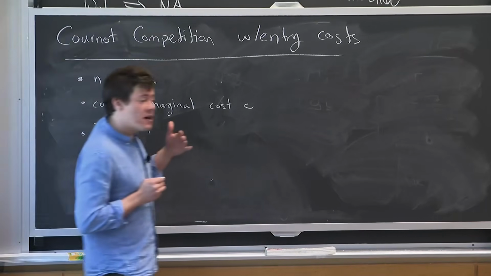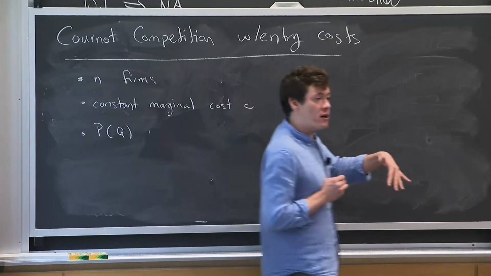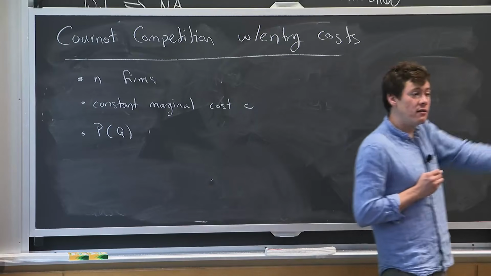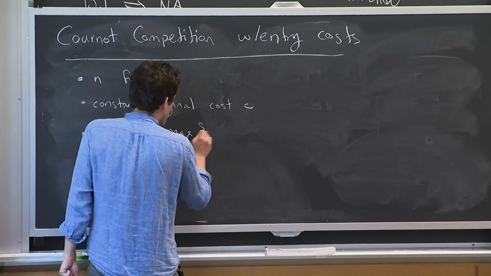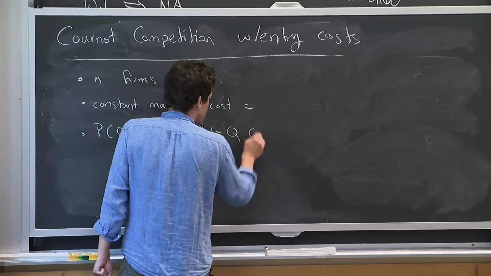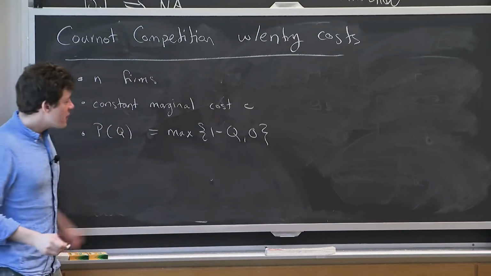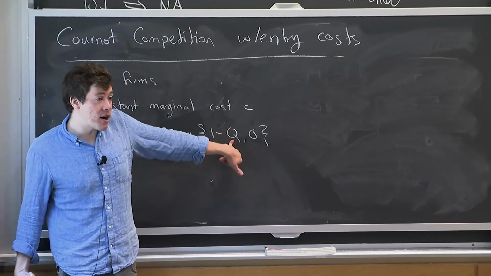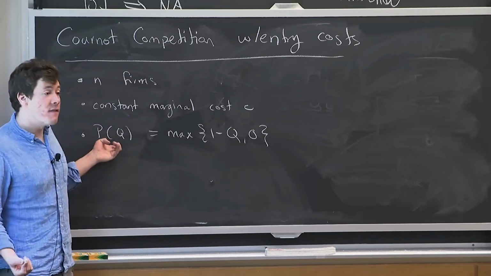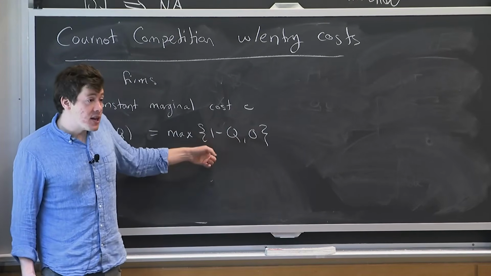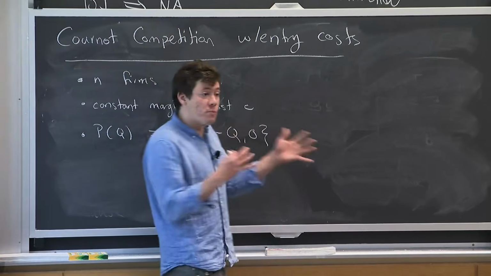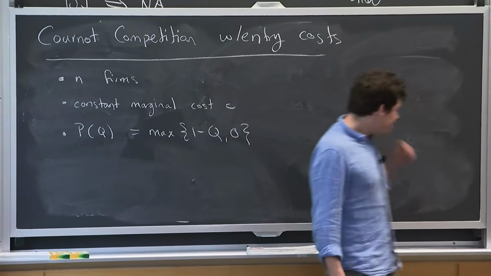Well, intuitively, the market price should get smaller the more that's brought to market, right? And we're going to use the same specification, the maximum of 1 minus Q and 0. Exactly what we said before. So if more than 1 unit is brought to market, the price is just 0. And if nothing is brought to market, the price is 1, and then we interpolate between that linearly.